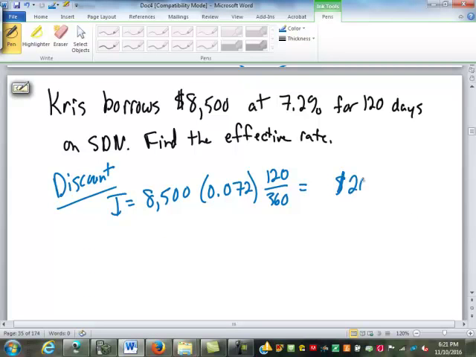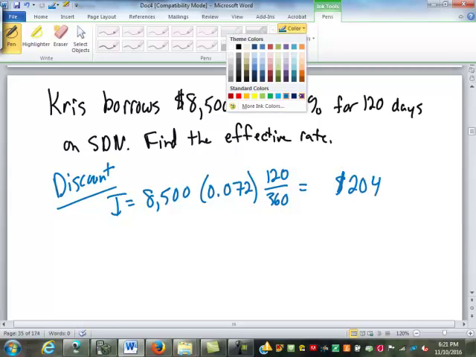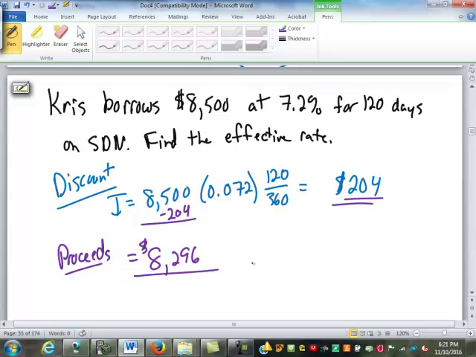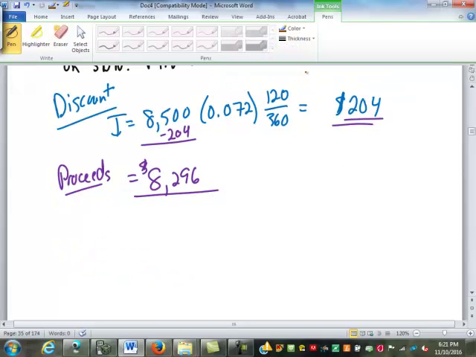Great. So that's our discount. Proceeds are going to be found by subtracting that from our 8,500. $8,296 is our proceeds. Effective rate.